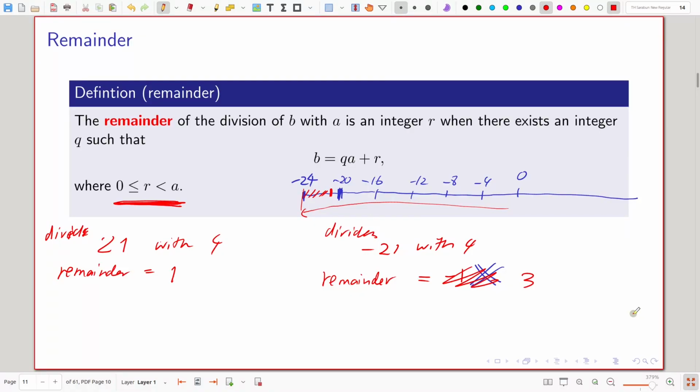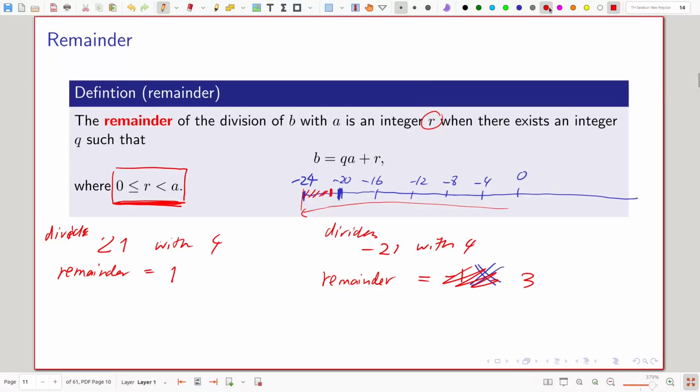Let me remind you of this, and we'll come back to it again and again. The definition of the remainder is the number r such that there is an integer q: if you divide b by a, the remainder is some integer r with a value between 0 and a minus 1, such that b equals q times a plus r, and this is the remainder.